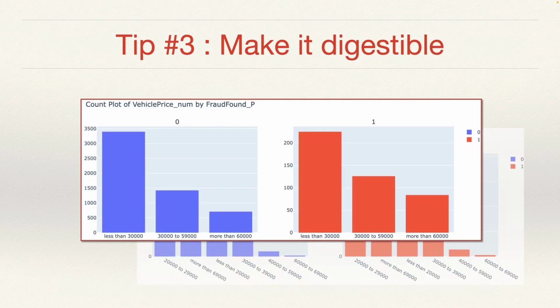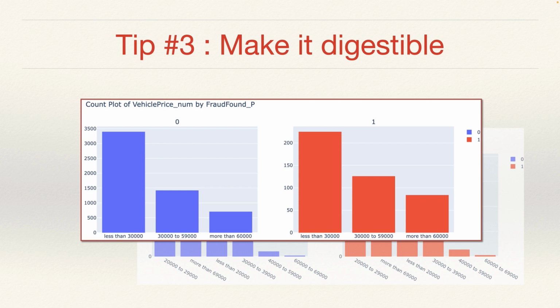Now, the third tip is to make it digestible. If you see the graph on the back, you can see that there are 6 different categories. But the more categories there are, the more confusing it gets when we try to interpret the result. So it's better to group those categories into higher groups so that it's easy for us to interpret and also easy for the listeners or the domain experts to understand.